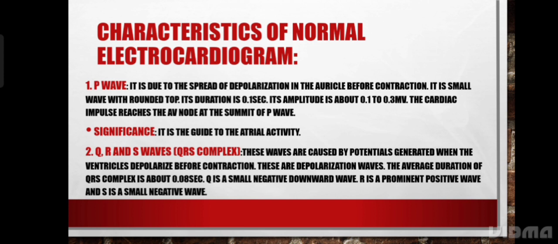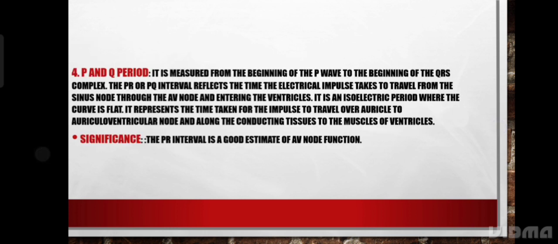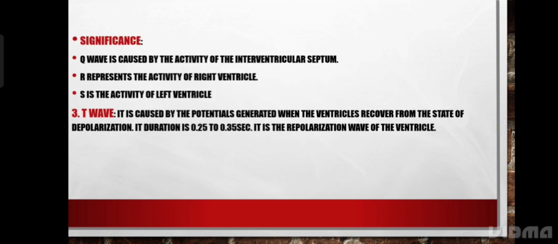Q is a small negative downward wave, R is a prominent positive wave and S is a small negative wave. Significance: Q wave is caused by the activity of the interventricular septum, R represents the activity of right ventricle, and S is the activity of left ventricle.